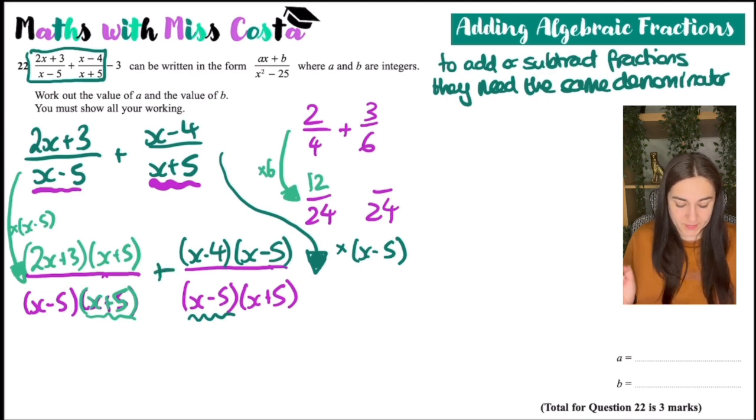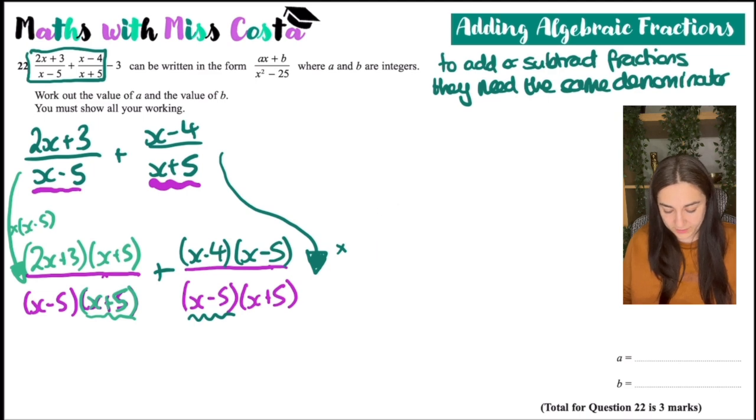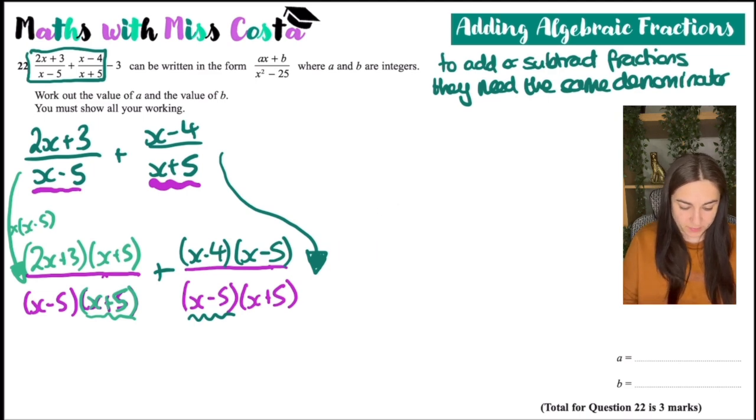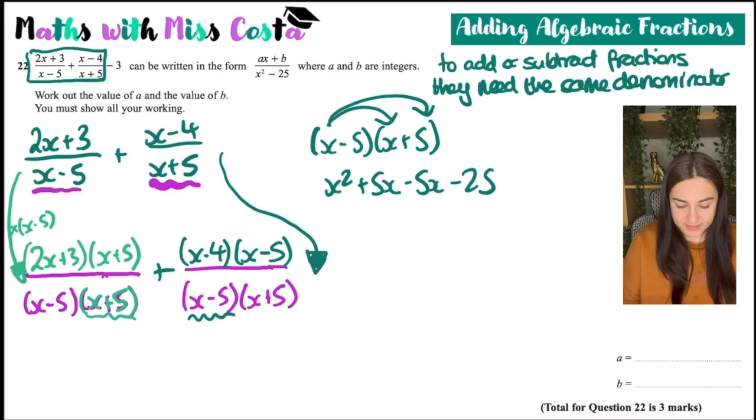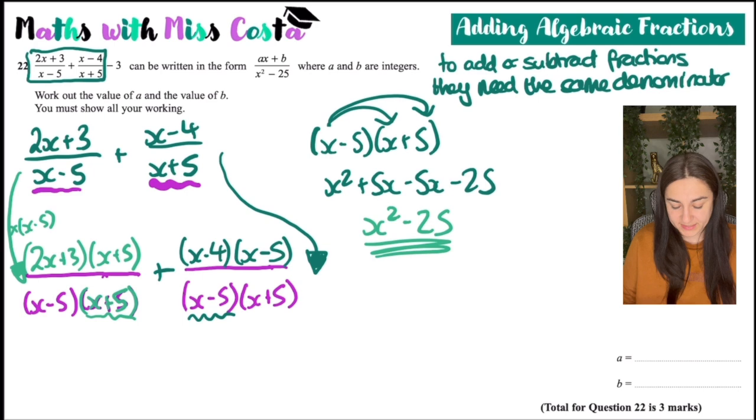Okay, so now I've got a common denominator and some numerators that I can expand. So let's do it bit by bit. What I can do first of all is multiply my denominator. So x take 5 multiplied by x plus 5, x times x is x squared, plus 5x minus 5x, and then minus 25. So if I simplified that, that would give me x squared minus 25 is my denominator.